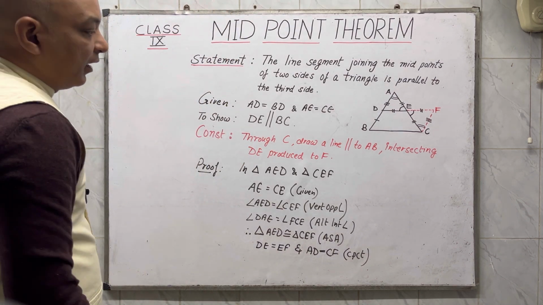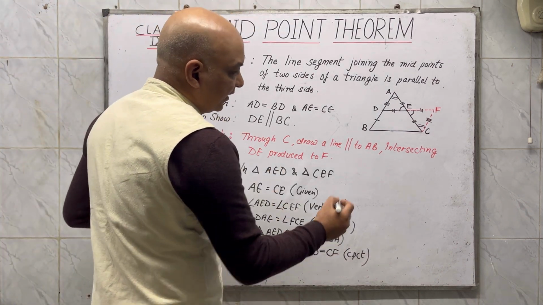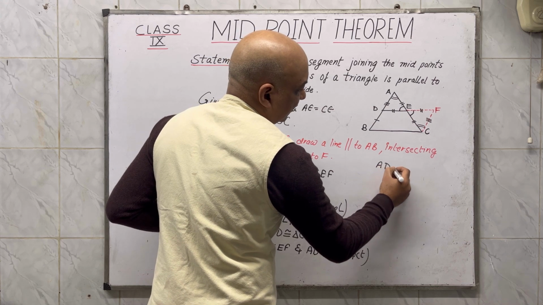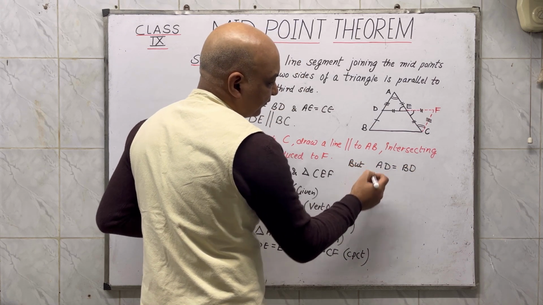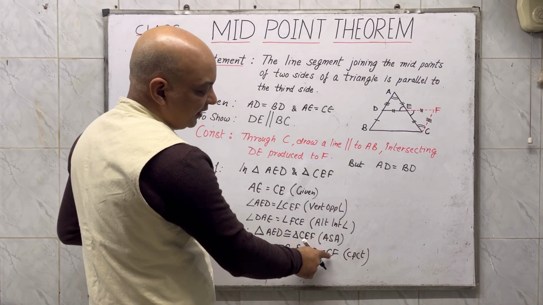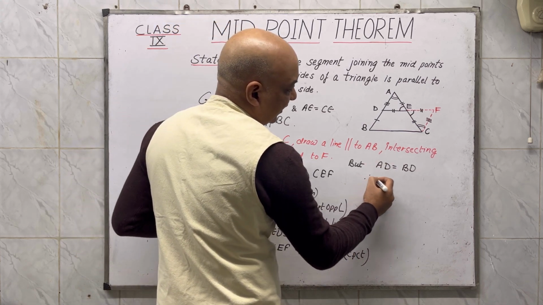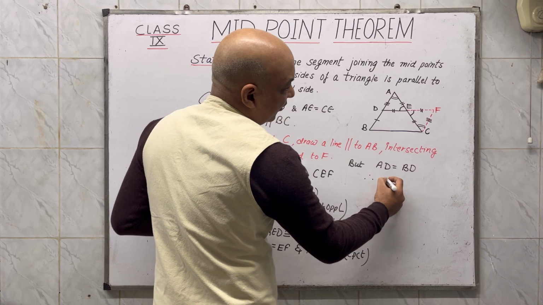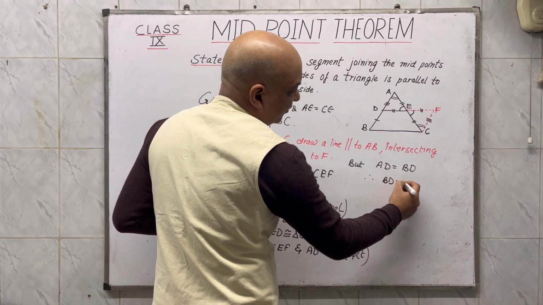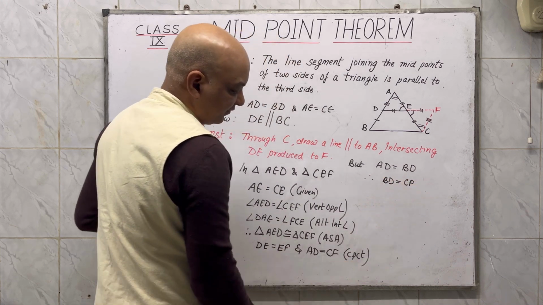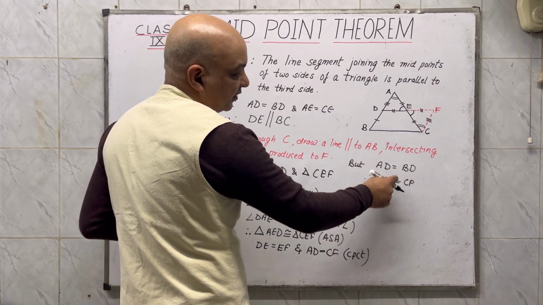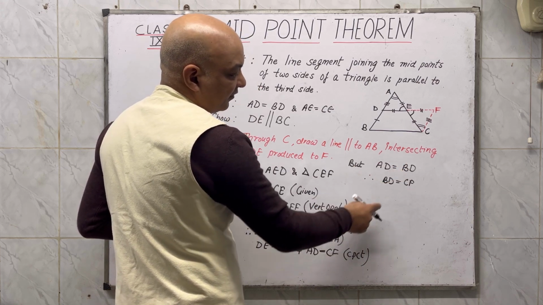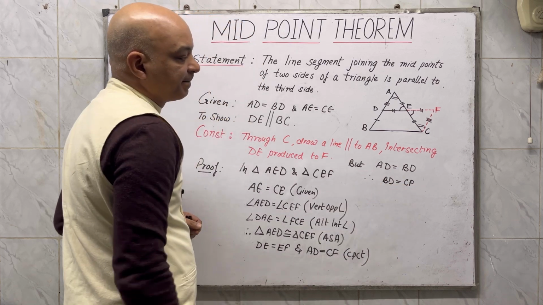Next is, I already know that AD is given to be equal to BD, and just now I have written AD equal to CF. So that means your BD also becomes equal to CF. So AD equal to CF, AD equal to BD, that means both BD and CF are also equal.